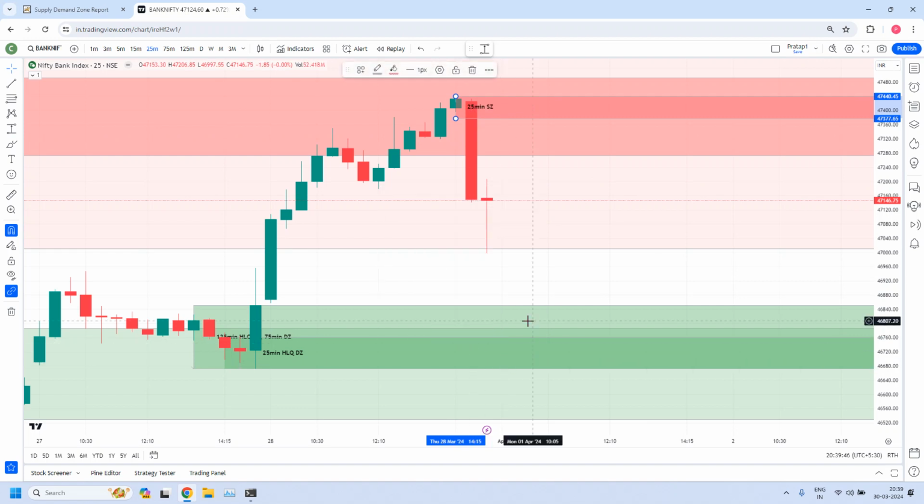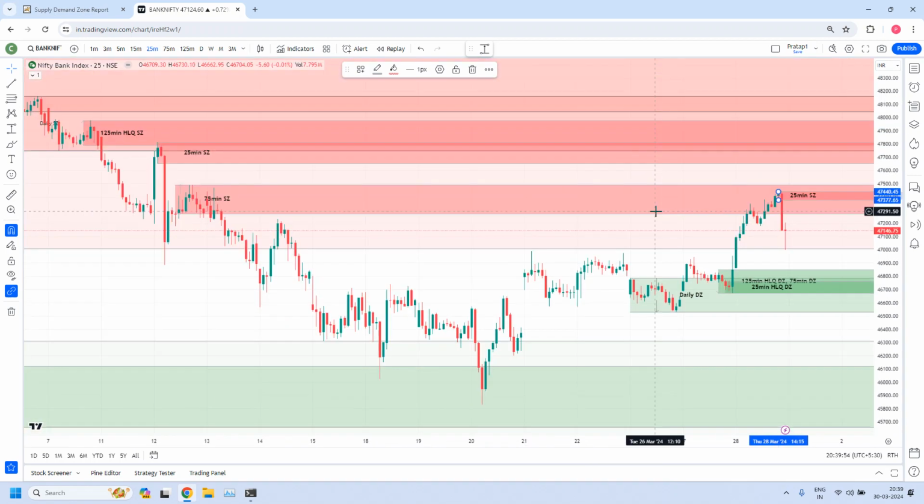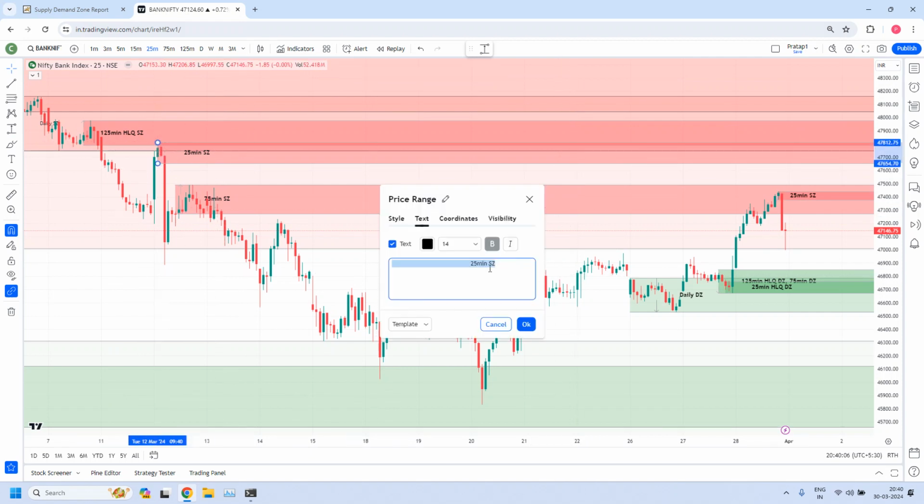Good. You have a fine-tuned zone inside, recently created on last Friday. Here there is an institutional order flow inside this 75-minute zone. Okay, now let's go to the next. One point I forgot to write here. This is a 25 minutes low priority HLQ supply zone.